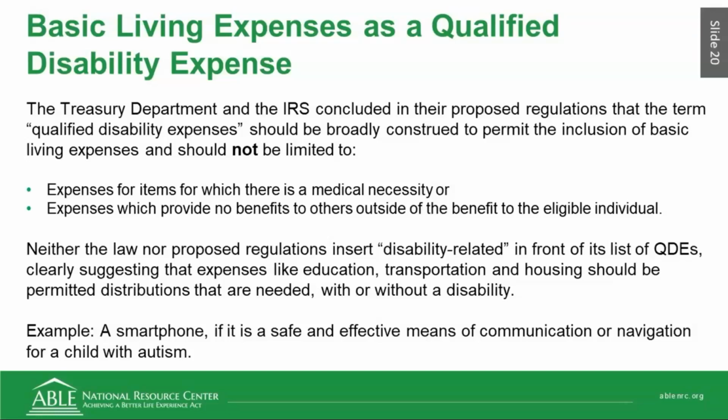Smartphones are an interesting example because when you look at some of the traditional funding sources like Medicaid, they're going to say in their definition of durable medical equipment that they're not going to pay for items that are useful to the general population in the absence of illness or injury.